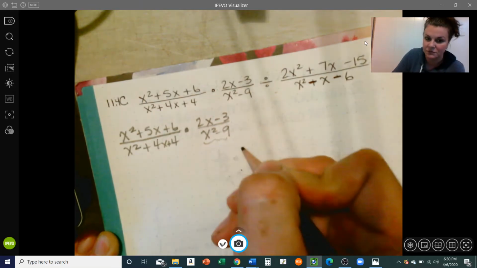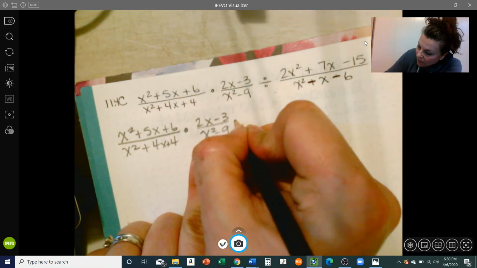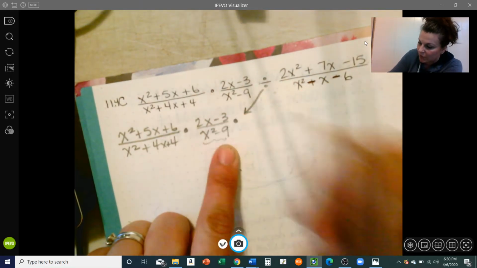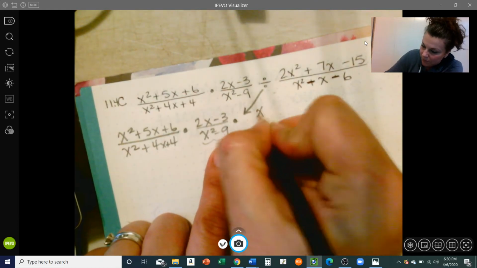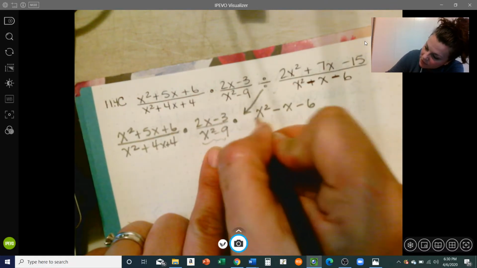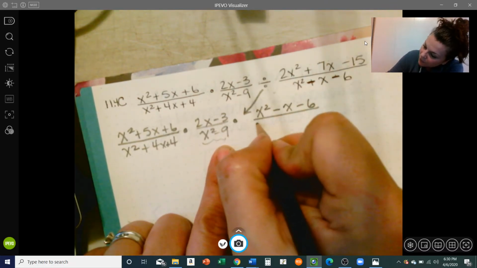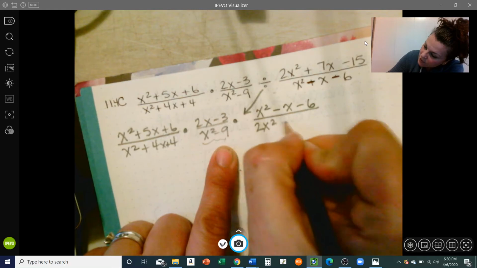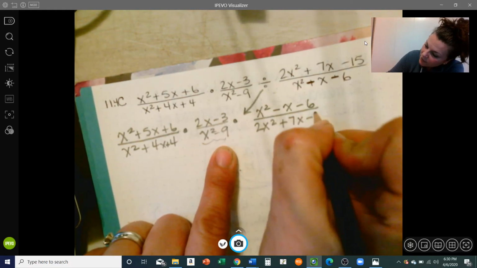Ooh, that's the difference of 2 squares. And then I'm making this multiplication, and then I'm going to put this on top: x squared minus x minus 6 over 2x squared plus 7x minus 15.